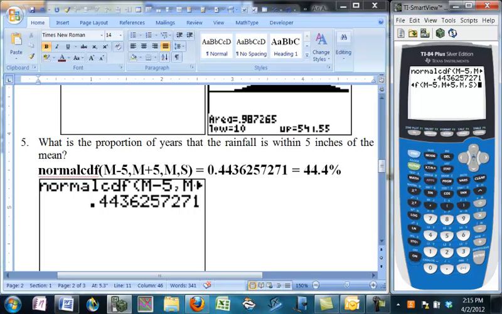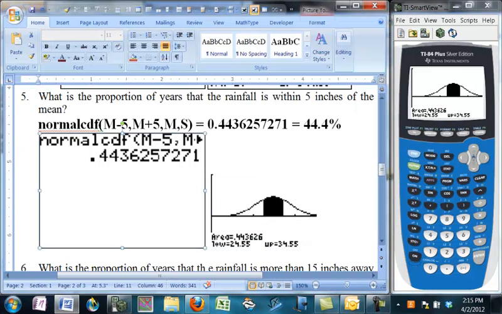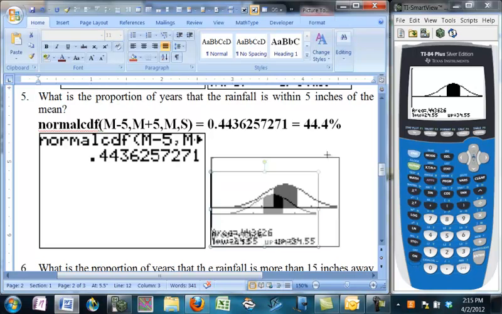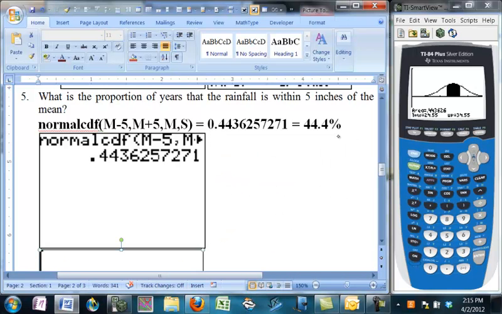So actually, pull that back up, change the normal CDF to a draw normal by going second distribution, draw, shade normal, and enter. And notice that we get a region centered right in the middle on the mean.